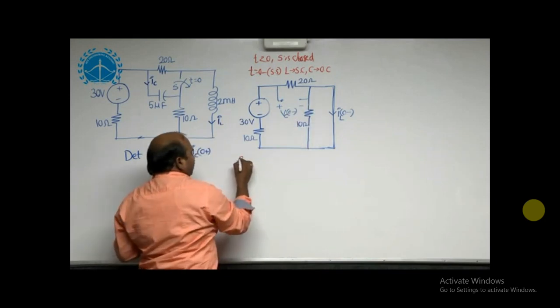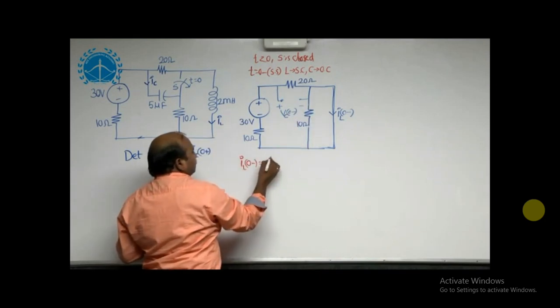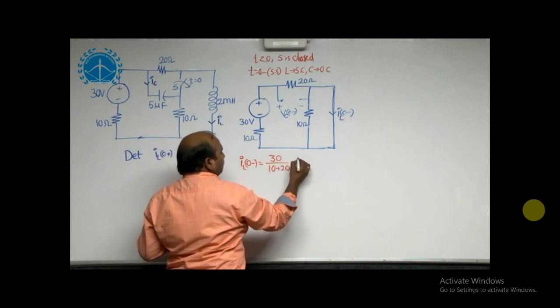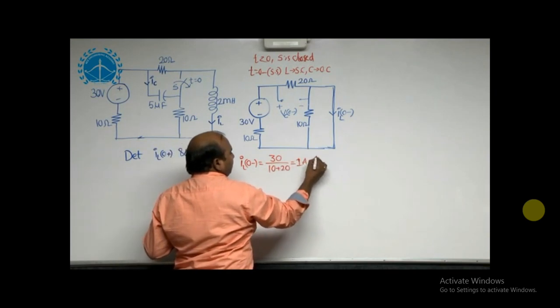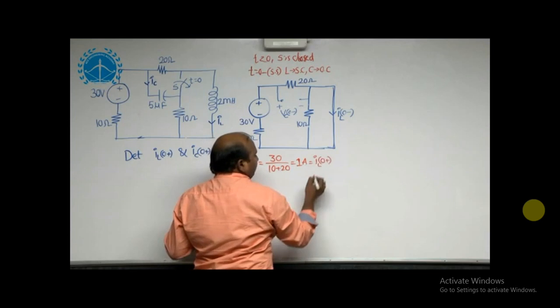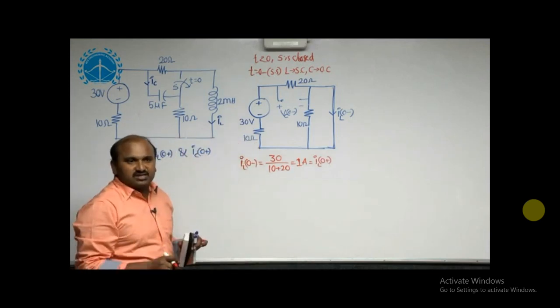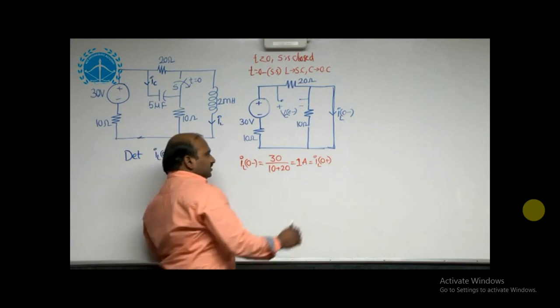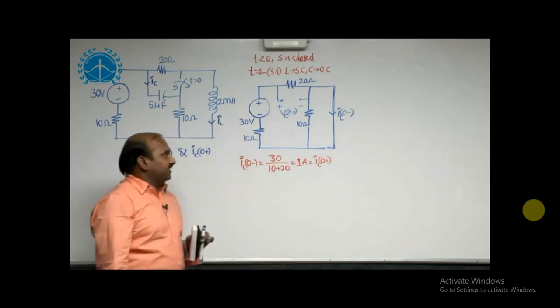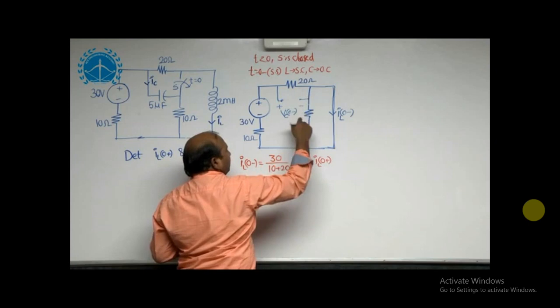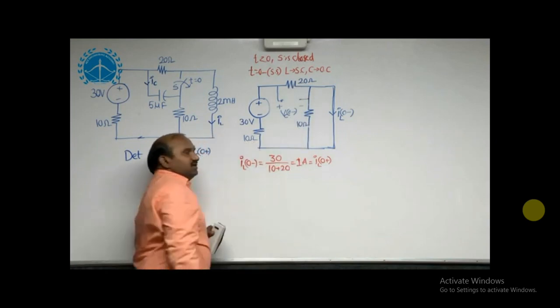Then I can take IL of 0 minus is equal to 30 by 10 plus 20, which is equal to 1 ampere, same as IL of 0 plus, one of our required values, since current does not change instantaneously in the inductor. This current is the initial current. And VC of 0 minus: once you neglect this, 20 and 10 are connected in parallel.